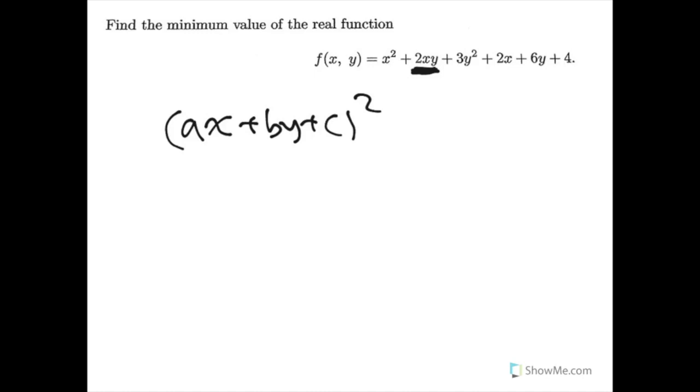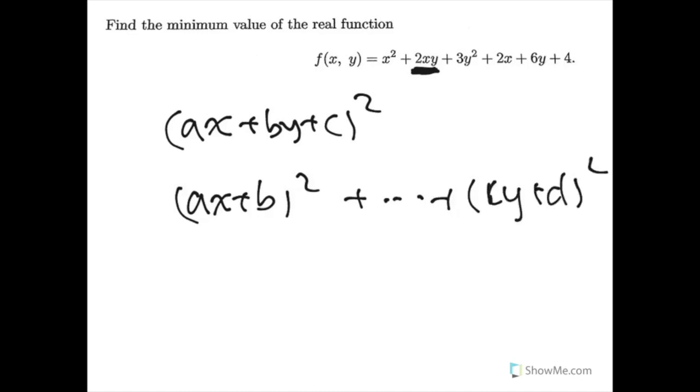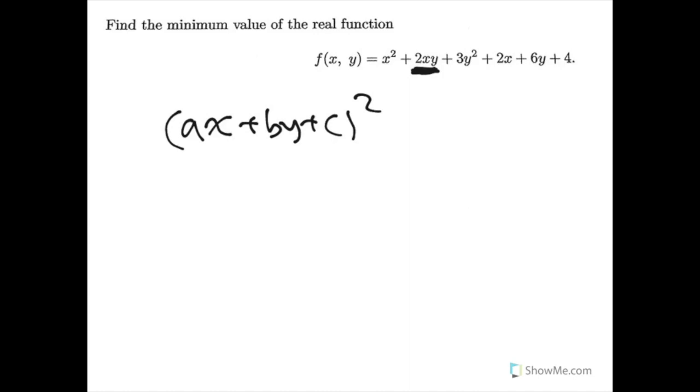This is because if I don't have this kind of square and I only have (ax plus b) squared plus (cy plus d) squared, the x's and y's are always separated, I'm never going to end up with a factor where x and y are multiplied together. So I know that I will need to have a factor with this form, (ax plus by plus c) all squared.